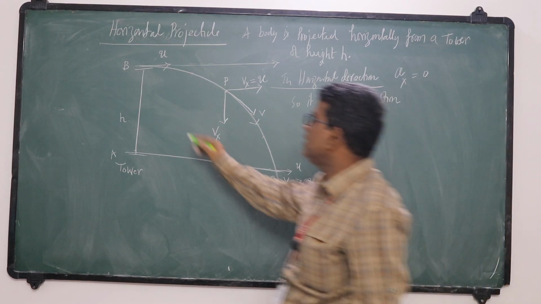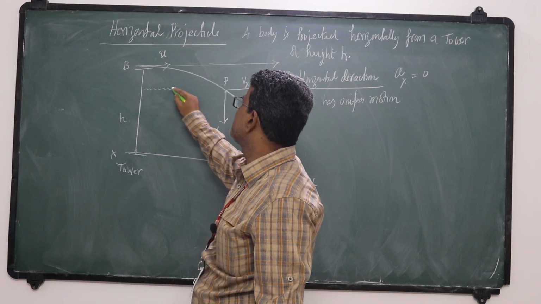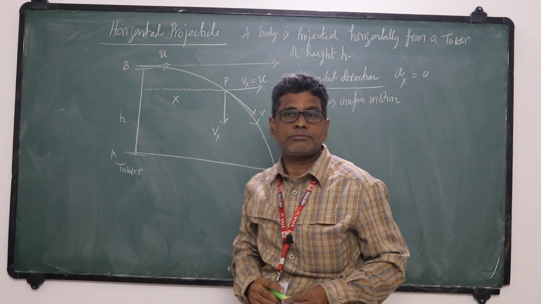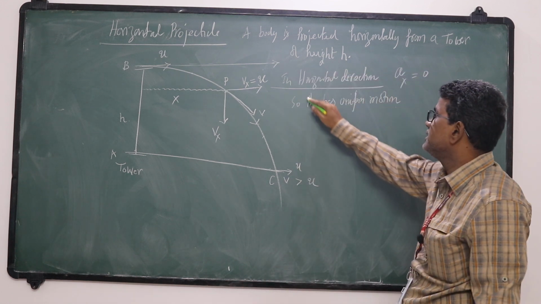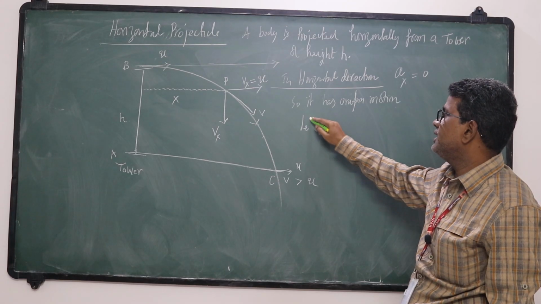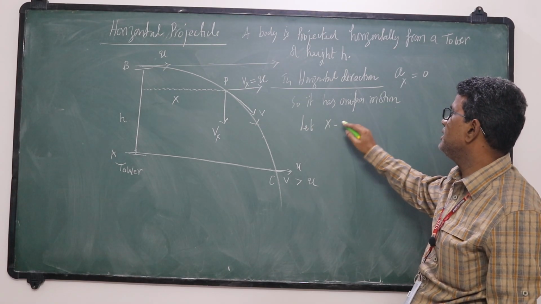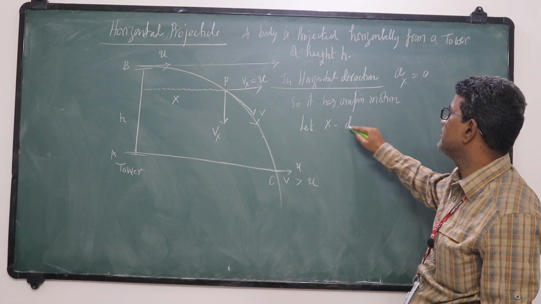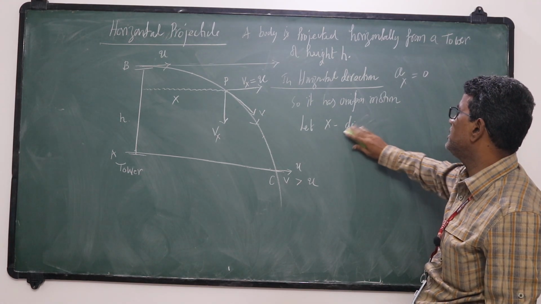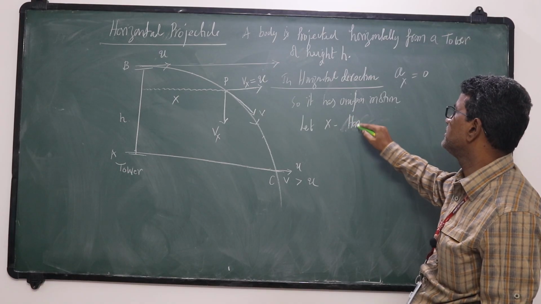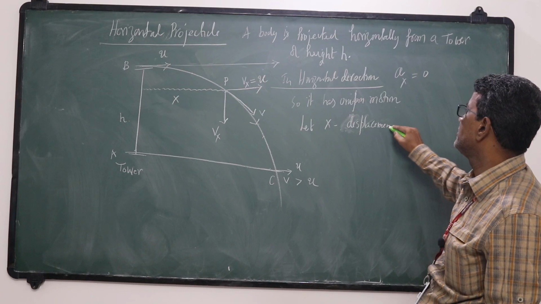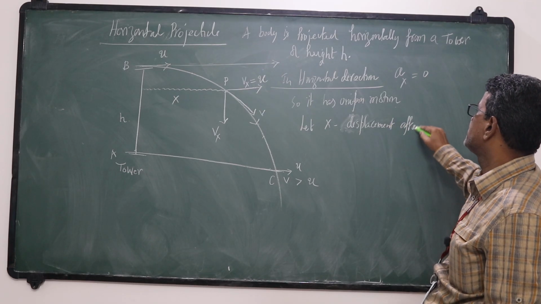So in the horizontal direction, what is the distance traveled? Let it be x. So x is the horizontal displacement in the horizontal direction after t seconds.